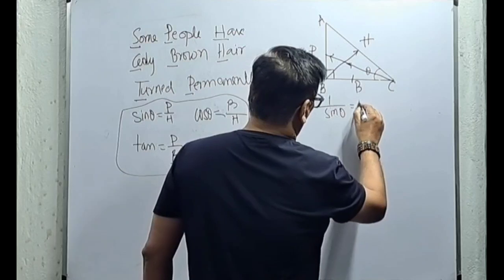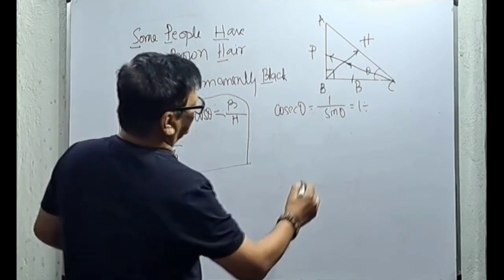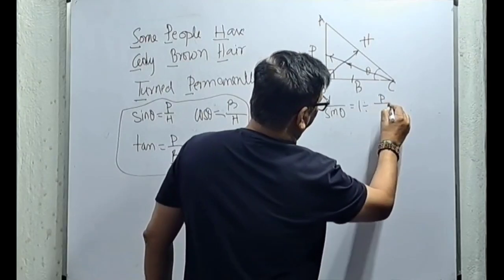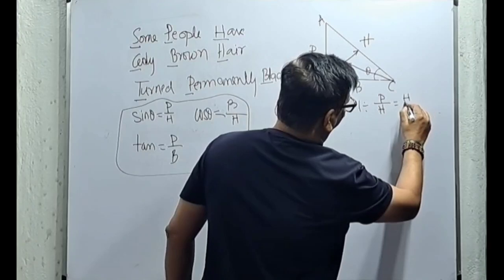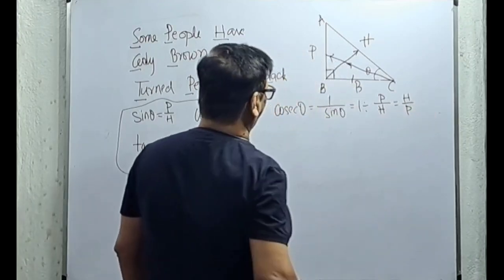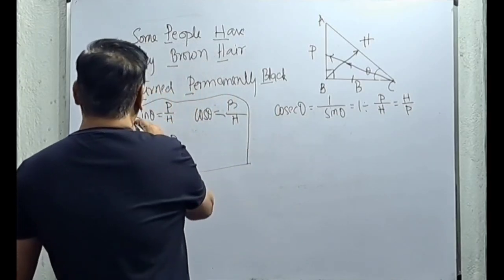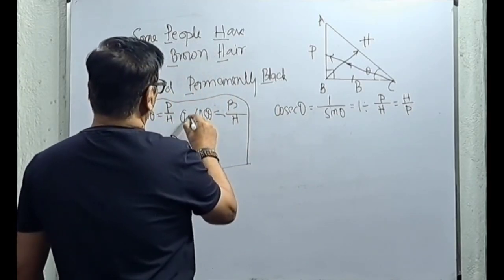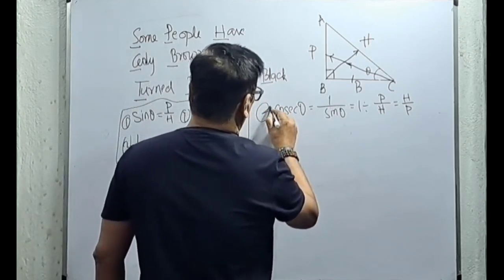So which means 1 divided by P by H, which is H by P. Correct? This is number 1, this is 2, this is 3, and this is 4. Number 5.